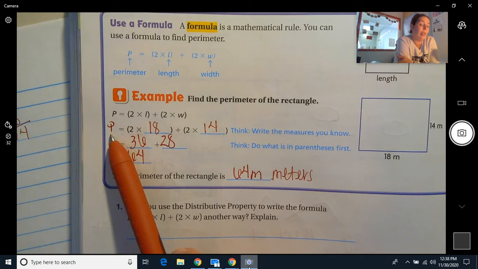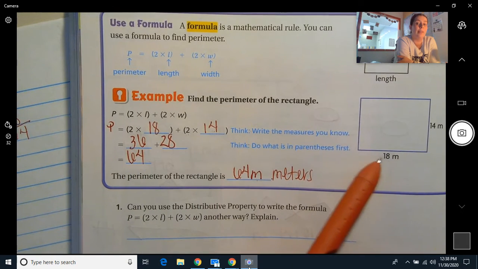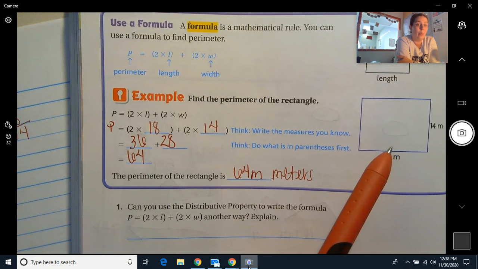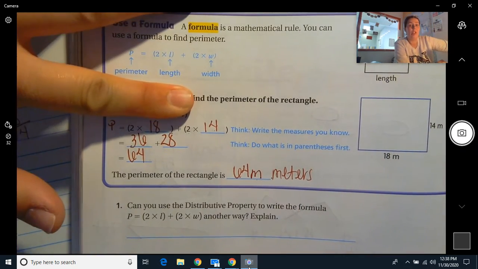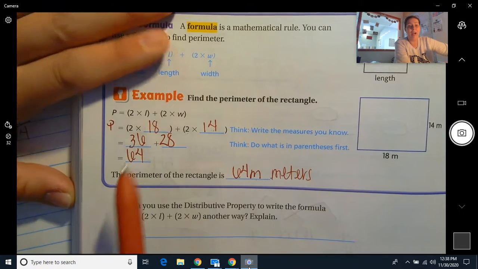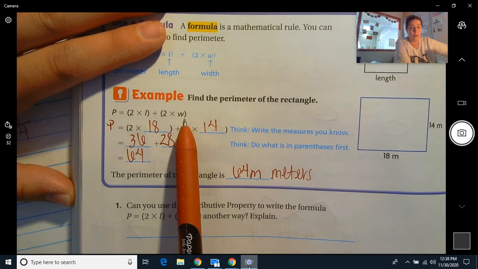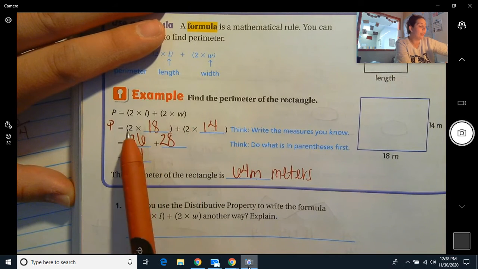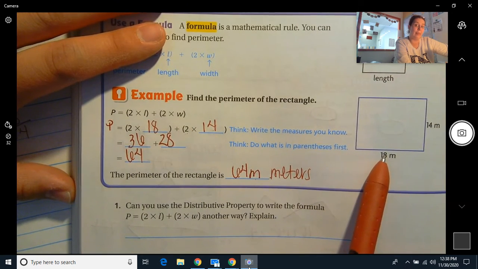So when we wrote that out, P equals 2 times L plus 2 times W. Underneath that, I have to rewrite the formula, but replacing the L and the W with the real numbers that I'm looking for. So when you're doing your work, if you just write this out, you're not doing complete work. You have to write out the formula first, or we may not know what you're doing. Okay? So then you are plugging in those numbers. 18 is longer than 14, so that's my length.